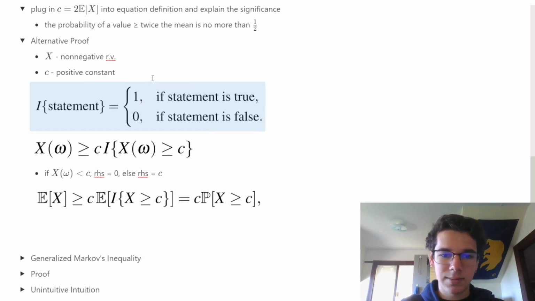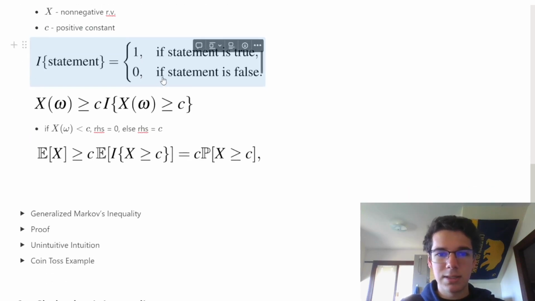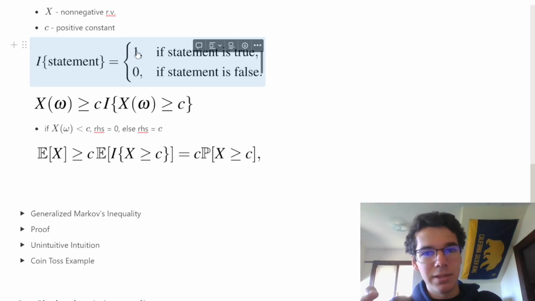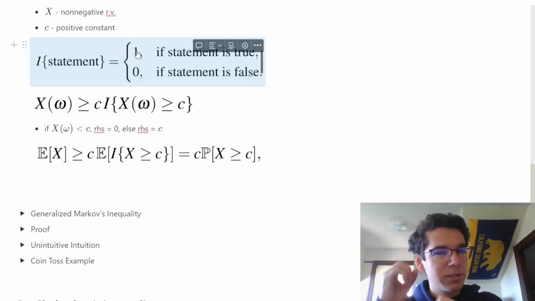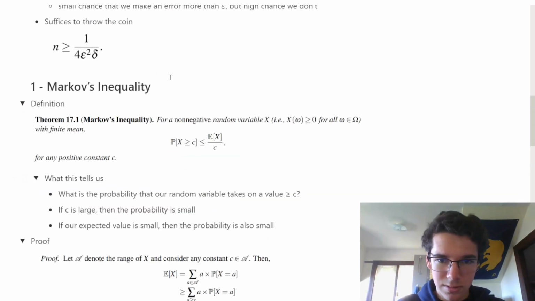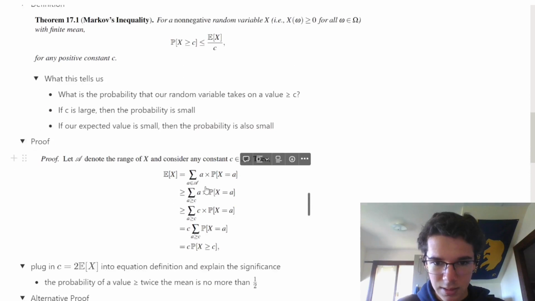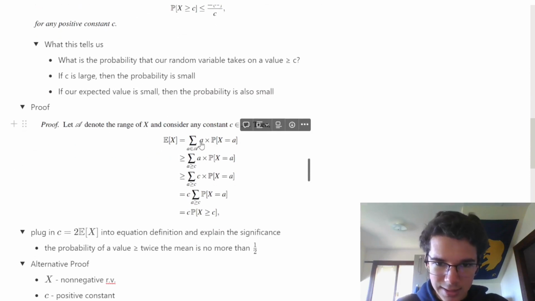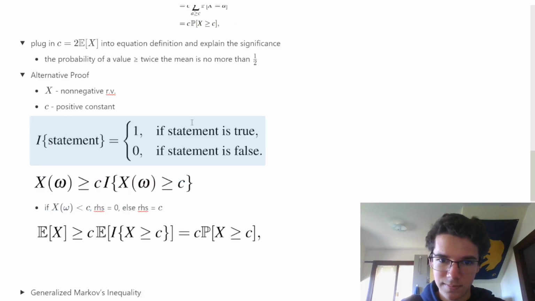The expectation of a random variable is the sum of the values that the random variable can take on times the probability that it takes that value, as we saw up here, given that a is either 0 or 1. So if it's 0, it's going to cancel out. If it's 1, then it's literally just the probability that our random variable is equal to 1.